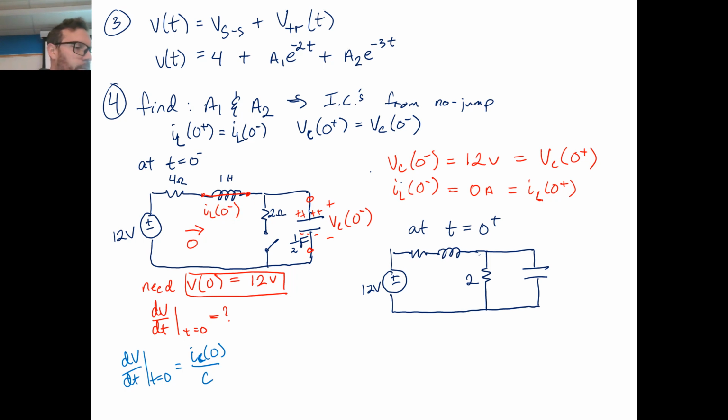Okay, and so here's the 4, this is the 1 Henry, and here's the 1/2 farad cap. We don't know the current through the capacitor yet, but we do know that the current through the inductor, IL of 0 plus, we already know that. That's 0 amps.